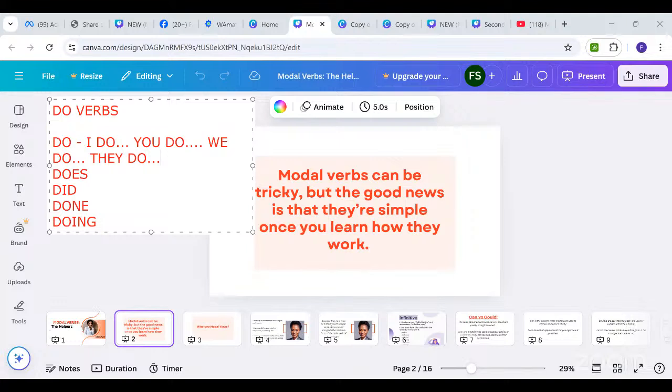So if you look very well, you realize that I is not plural. I is singular, but it goes with do. You can be singular, it can be plural. It goes with do. We and they are plural. So the plural of I is we. The plural of he or she is they. So we or they are both plural and go with do.